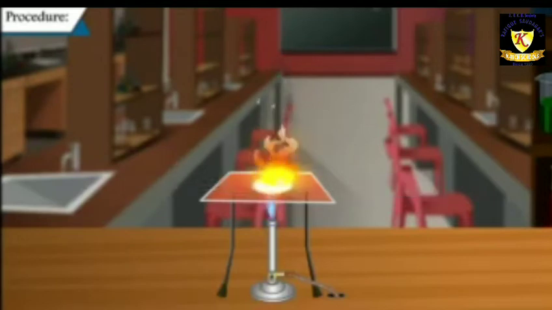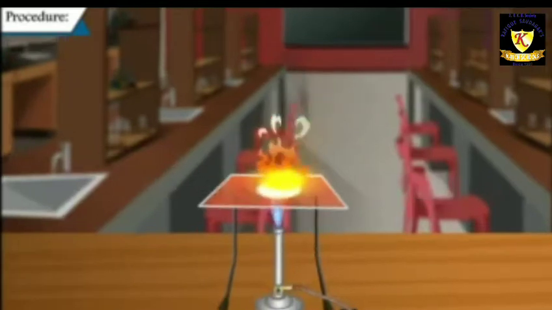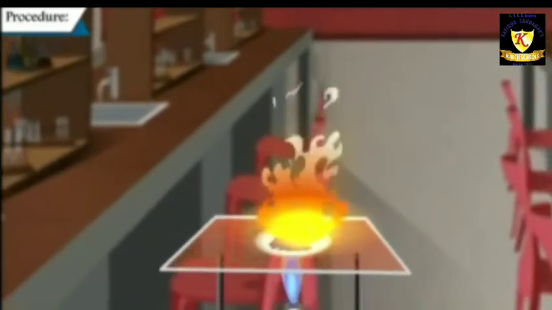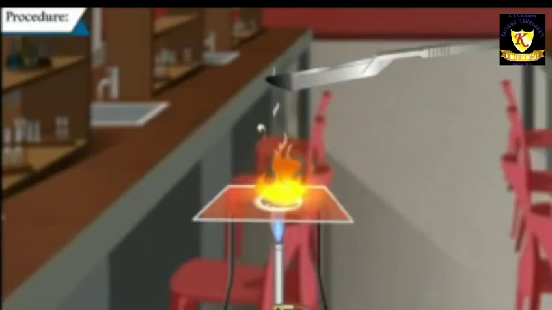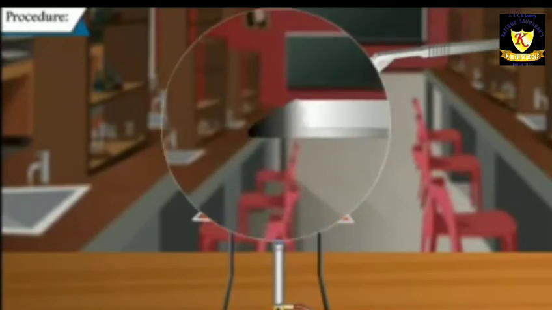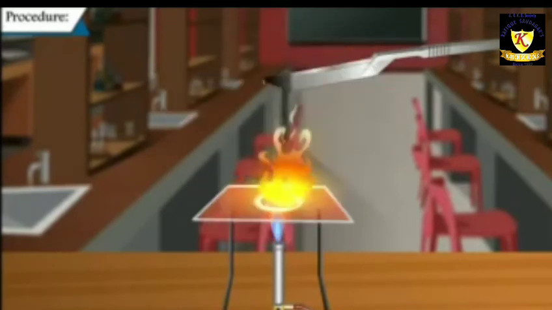Hold it on a blue flame of the Bunsen burner and then observe. Is smoke or soot seen to form due to combustion? Hold the metal plate on the flame when the substance is undergoing combustion. Does any deposit get collected on the plate? Which color? Repeat the same procedure using the other chemicals from the above list.